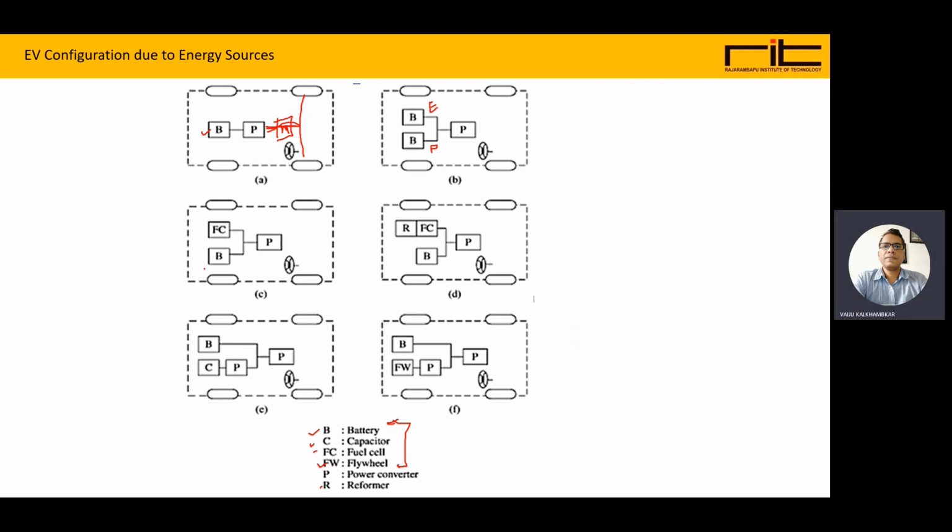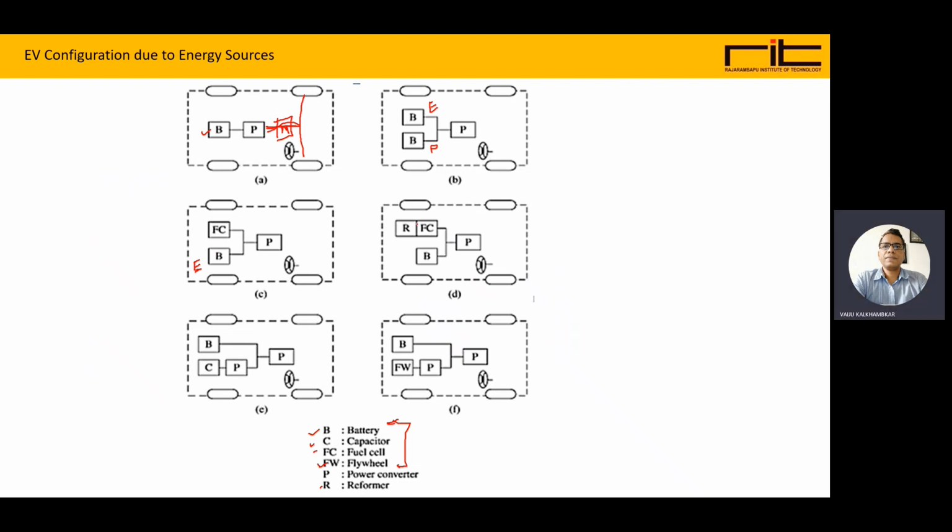So the battery will take care of the continuous supply for a long time, increasing the range, and the fuel cell will also take care of supplying the energy. So both will work, and in combination the power and energy requirements will be fulfilled by this battery and fuel cell combination.